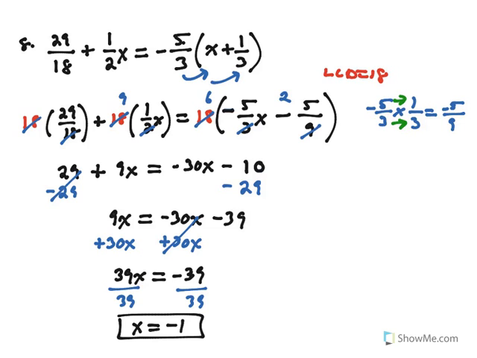So, let's recap. Let's make sure we know what we're doing here. Remember, if you want to find the LCD of 18, I did multiples of each denominator separately, right? So I started with 18, and then I had 2, and then I had 3.